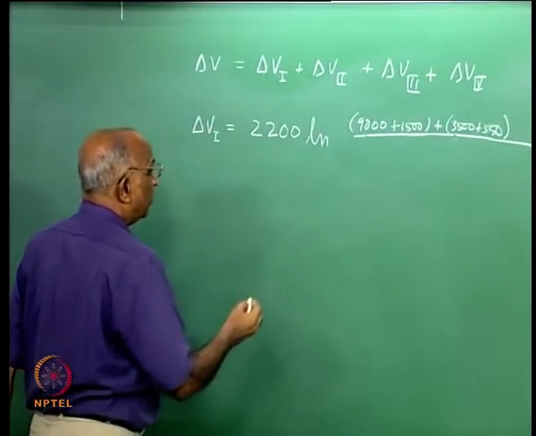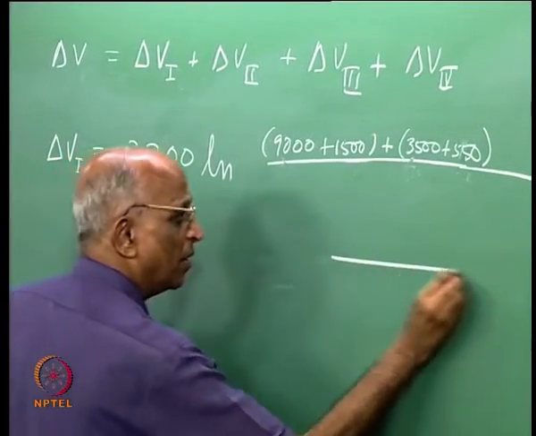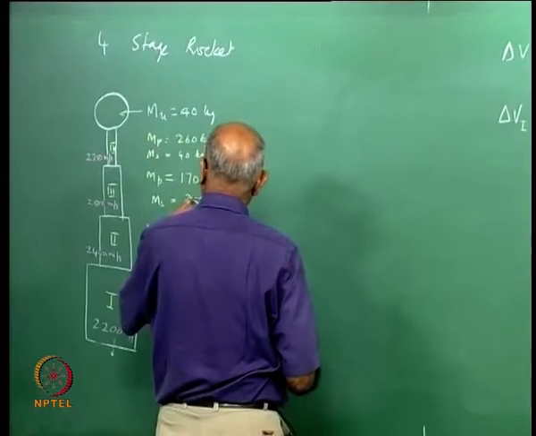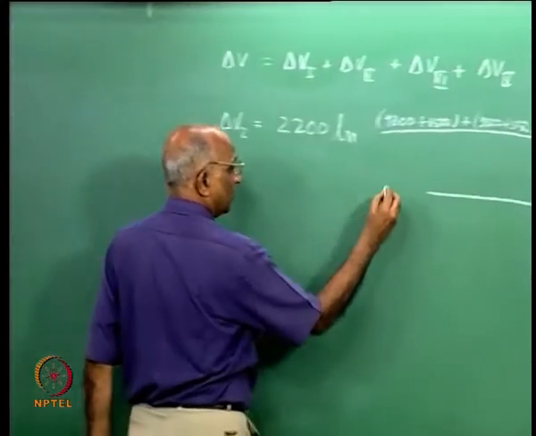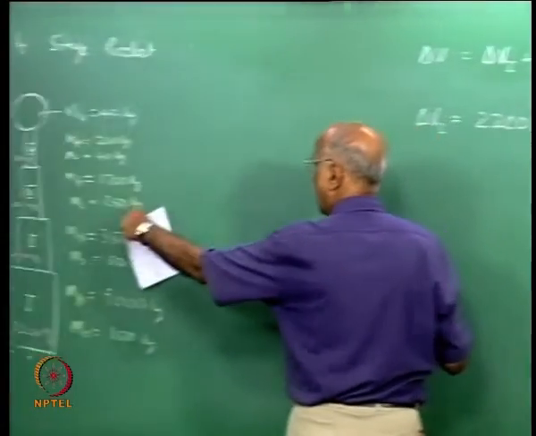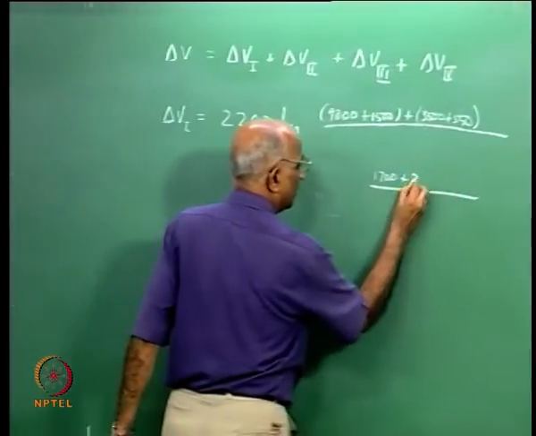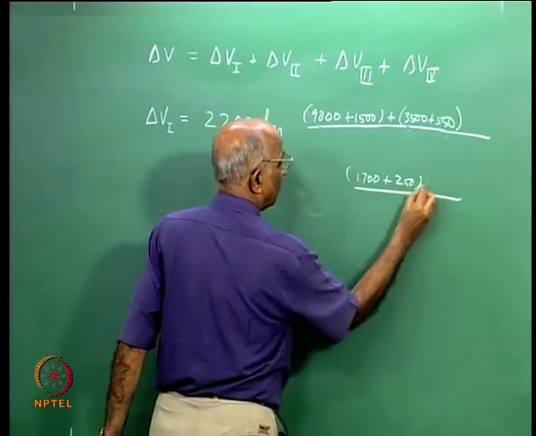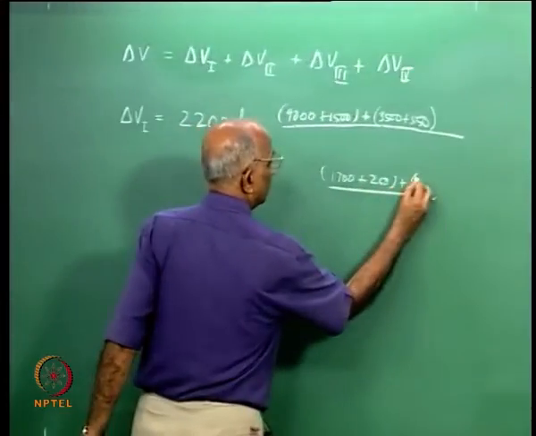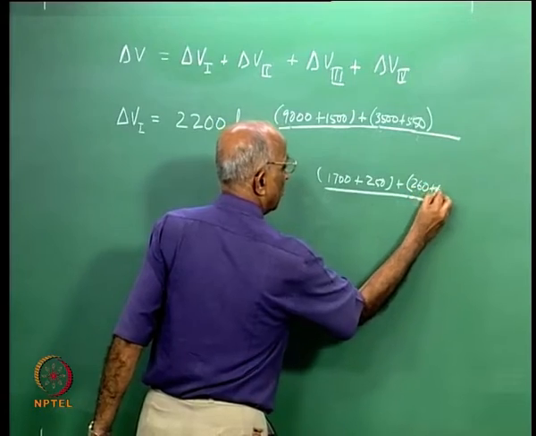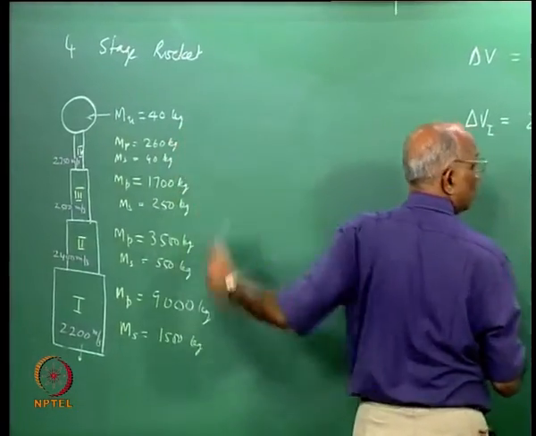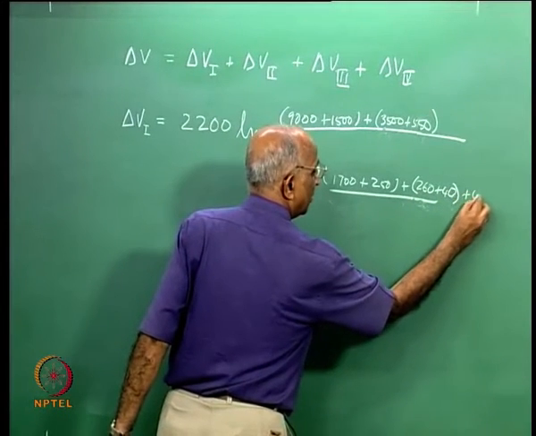I keep adding up. For the third stage the propellant mass is 1700 plus 250 is the structure, plus the last one I have 260 plus 40, plus I have the useful payload, which is 40.